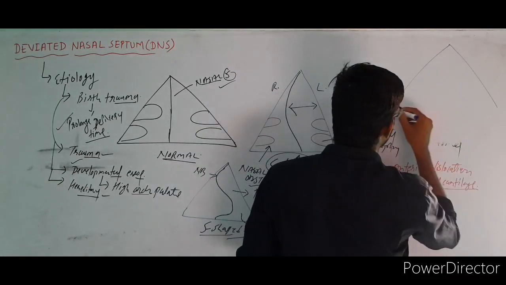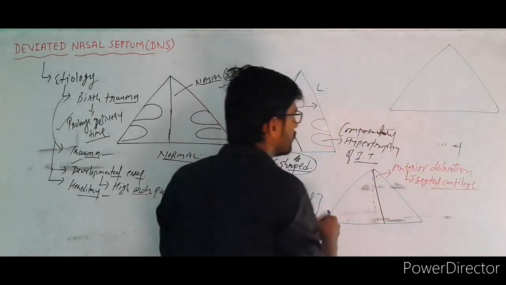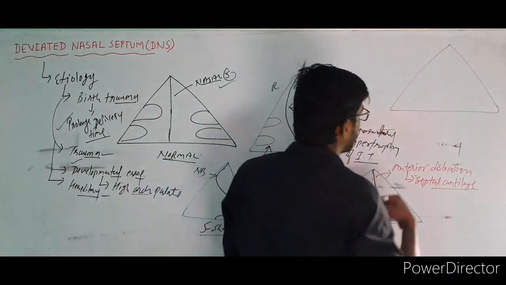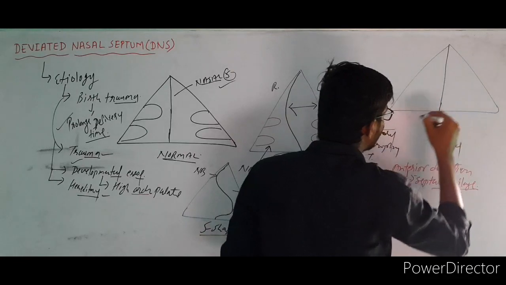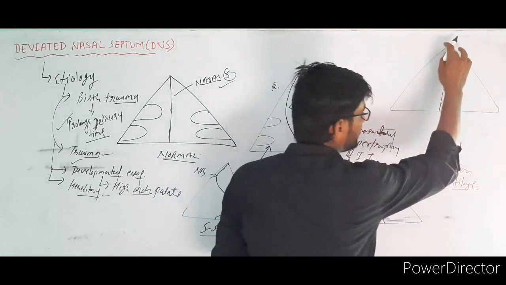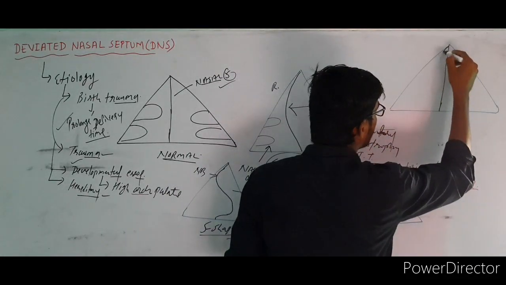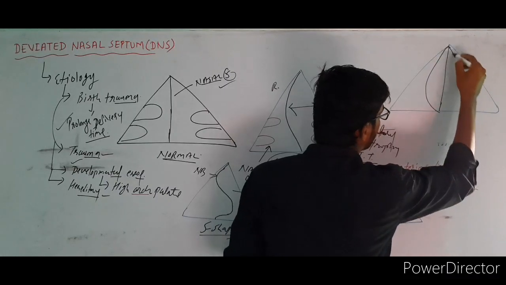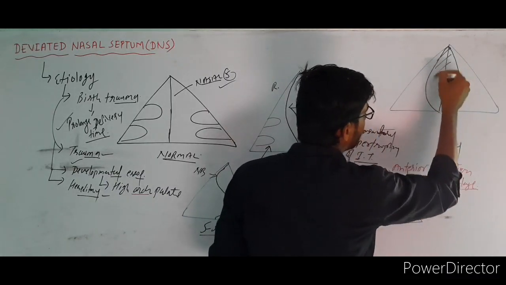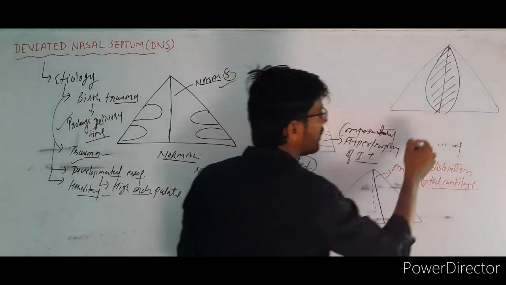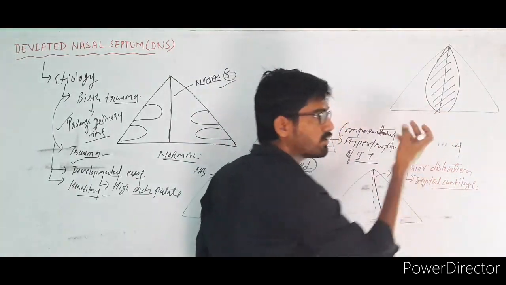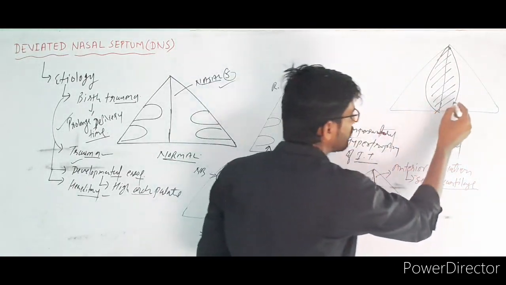One more thing I am drawing here, that is thickened. This is the nasal septum, and it can be like this. It is thick. Why? Maybe due to any trauma, so there may be an accumulation of something.